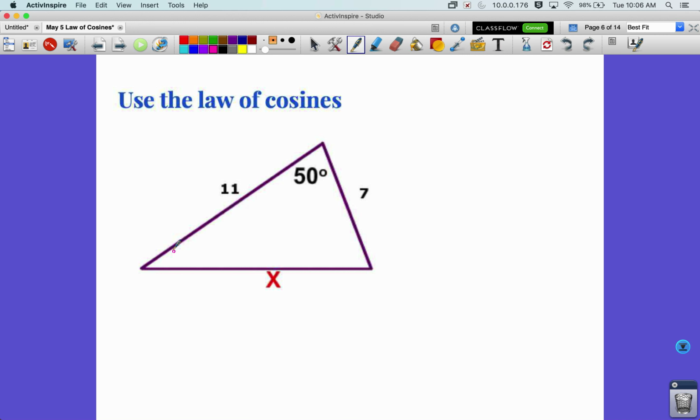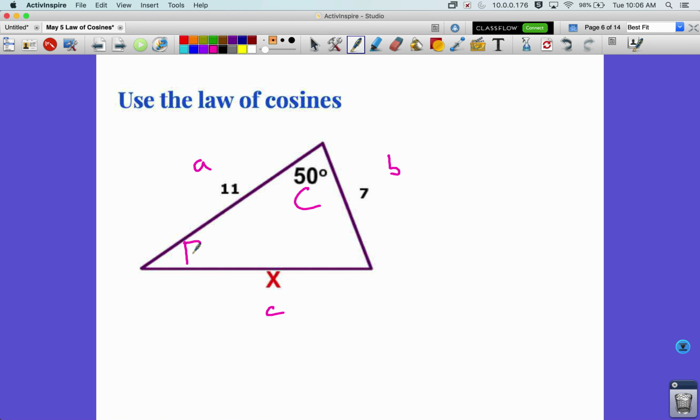Notice we don't have an angle and the opposite side length. Everything is missing. We would be able to find the area of this triangle, since we've got two sides and the included angle, but that's not what we're trying to find. We're trying to find a length. So we just need to label this up. I'll pick this to be side length a, this will be side length b, and this will be side length c. This will be angle big C because it's opposite of little c.